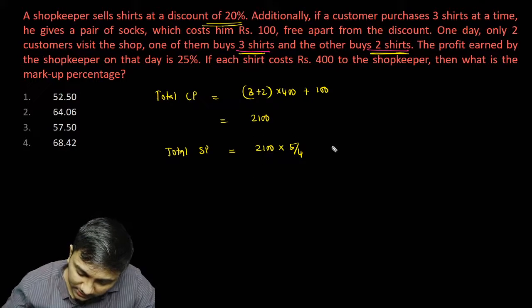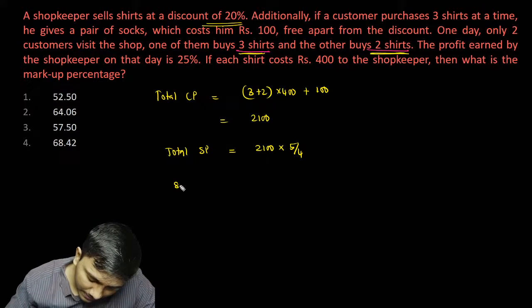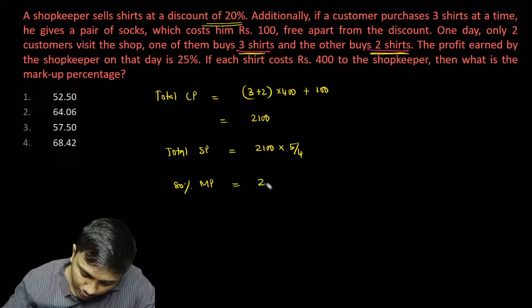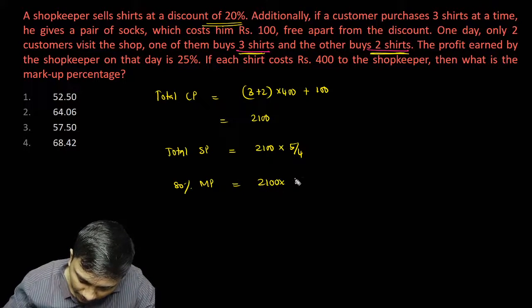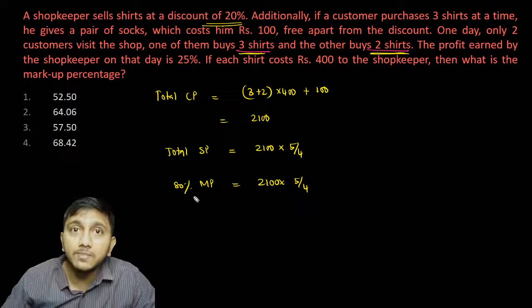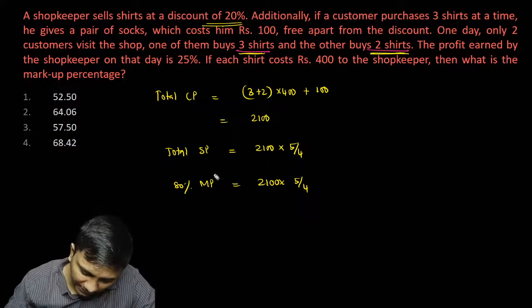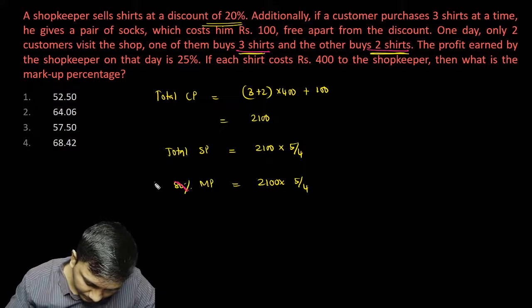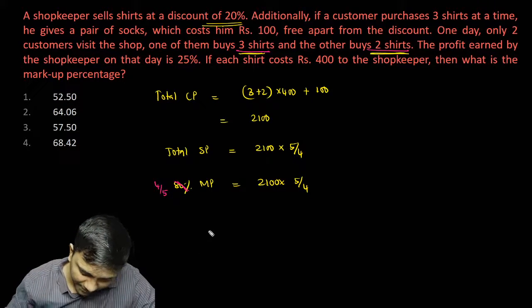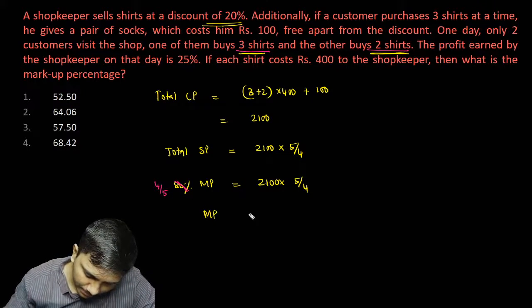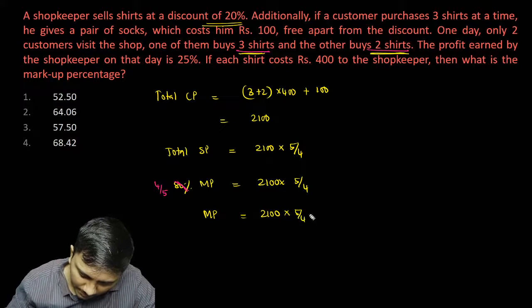So this is actually only 80% of the marked price. It's 2100 into 5 by 4 is only 80% of the marked price. So I can find out the marked price also. So 80% I can rewrite as 4 by 5. So marked price is going to be 2100 into 5 by 4 into 5 by 4.